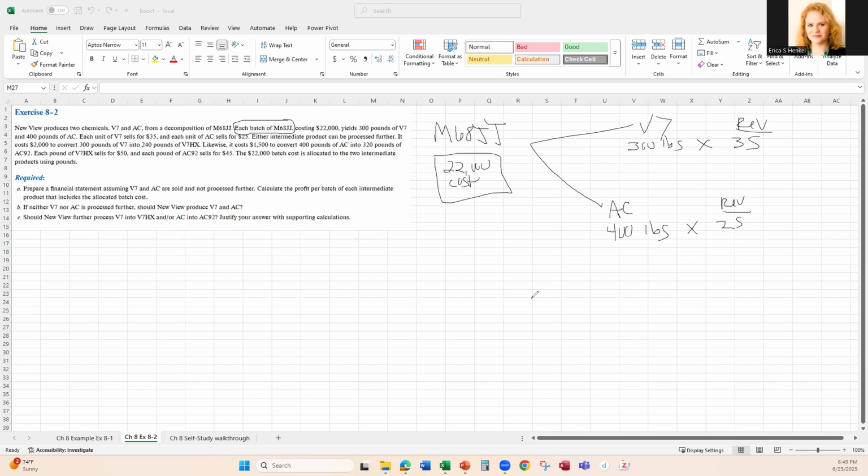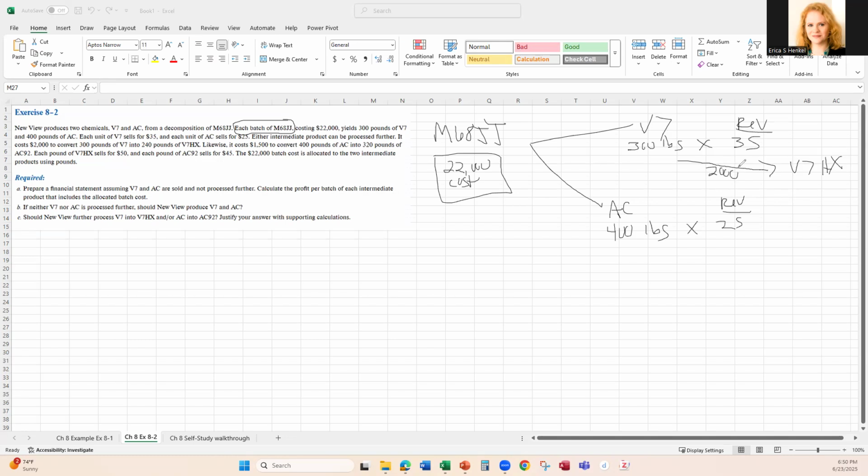Now, those products can be processed further. So for $2,000, we can convert these 300 pounds into 240 pounds of V7HX. So that's $2,000 right there.